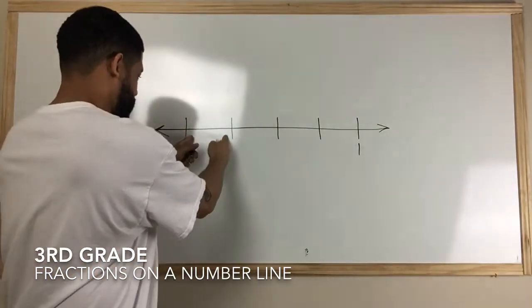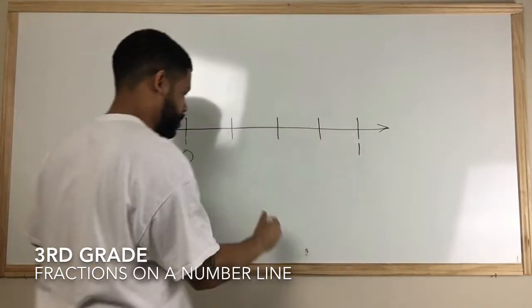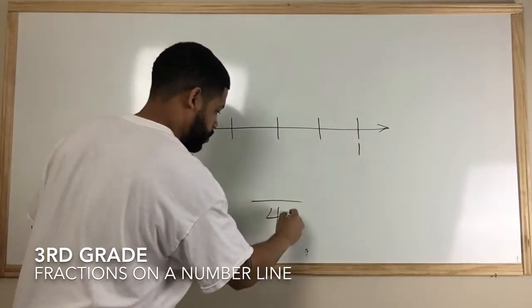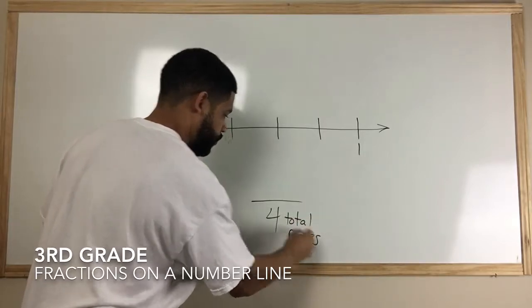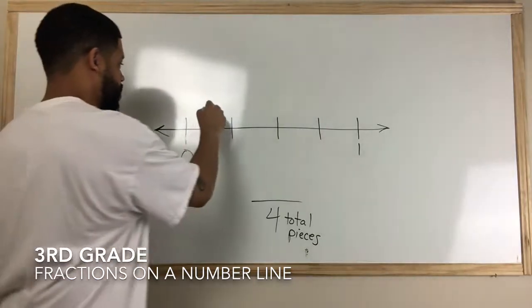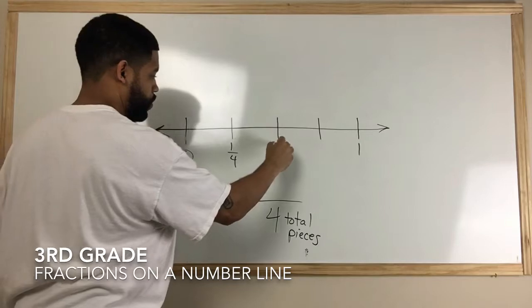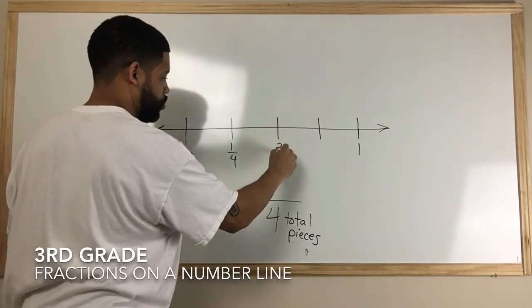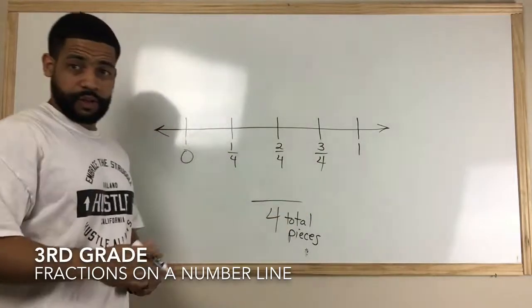I have a section here, here, here, and here, so 4 total pieces on that number line. This is going to be 1/4. This would be 2/4. This would be 3/4.